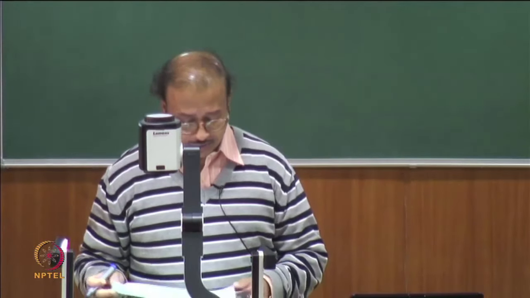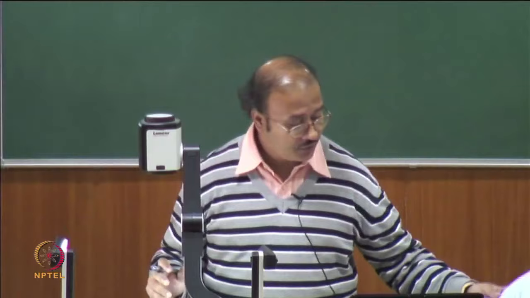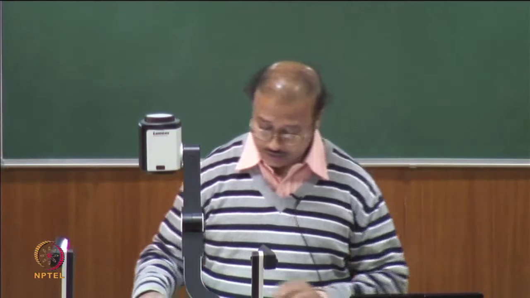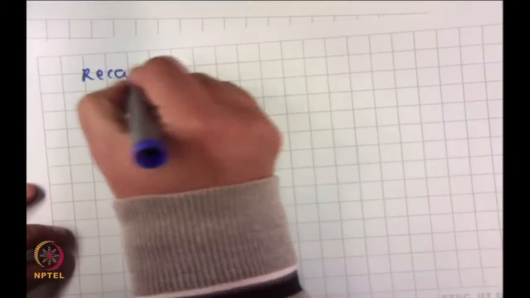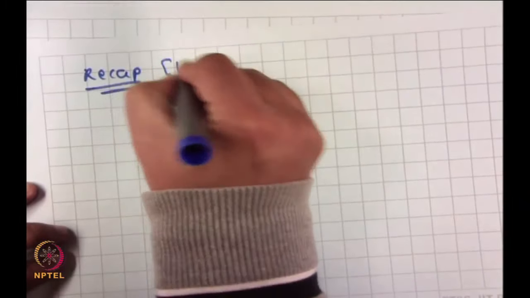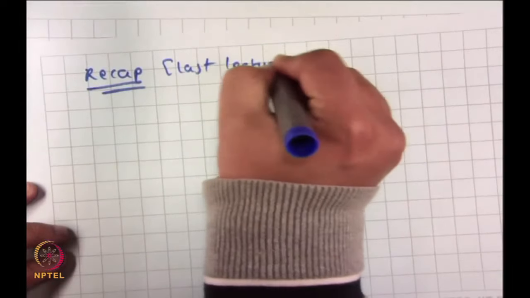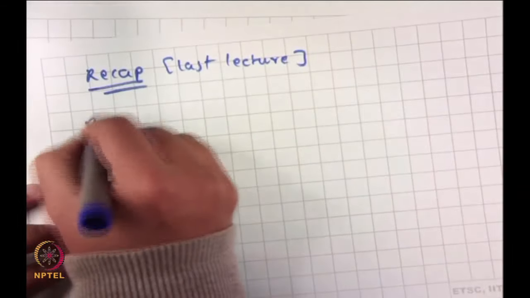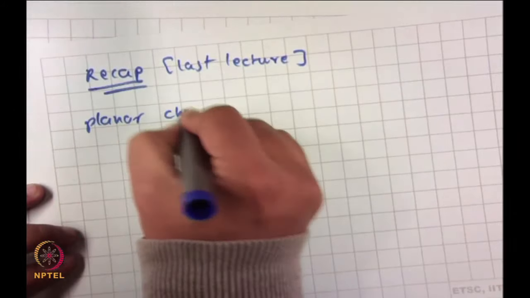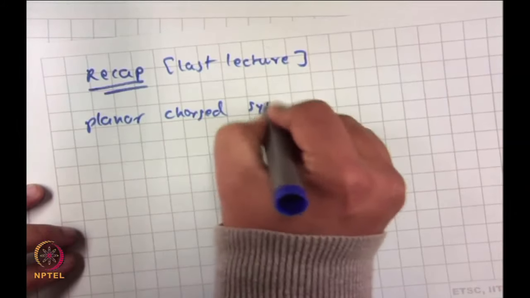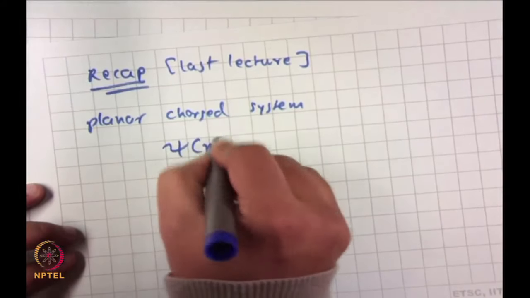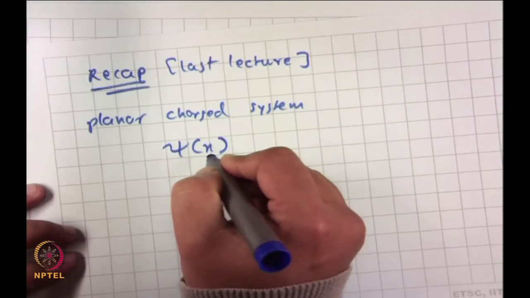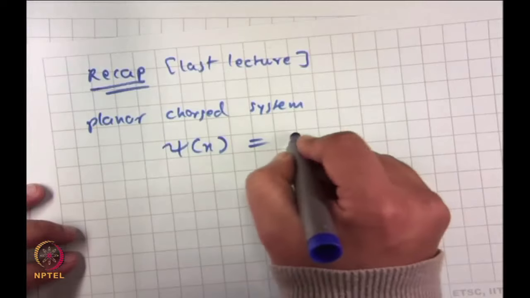So just to recap what we had from last day. This is a recap of the last lecture. If you have a planar charged system, then we saw that psi of x, which is the electrostatic potential at a distance x from this charged plane, is equal to, do you remember what it was?